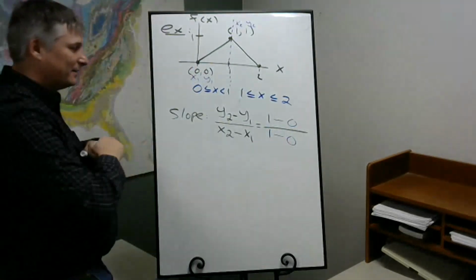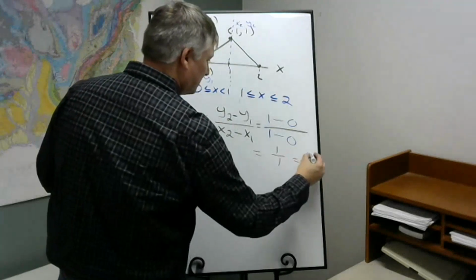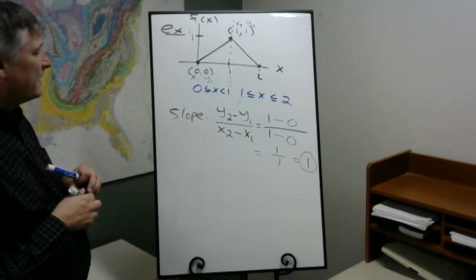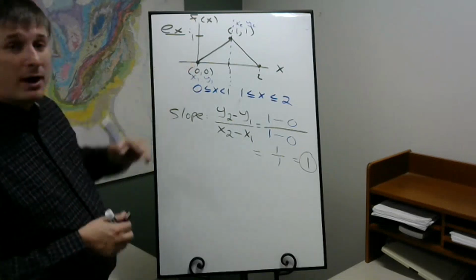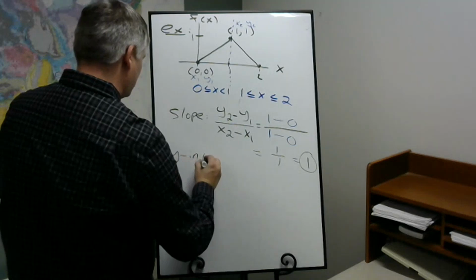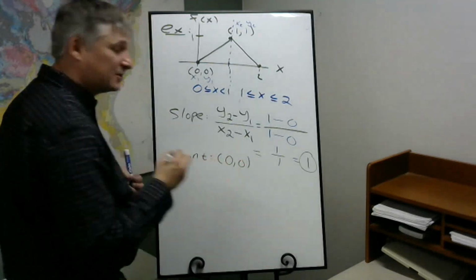And what you're going to get, 1 over 1, or a slope of 1. Now, we also can note that the y-intercept is 0, 0.